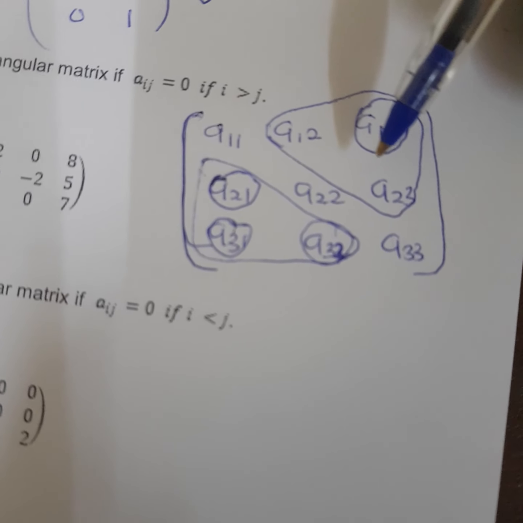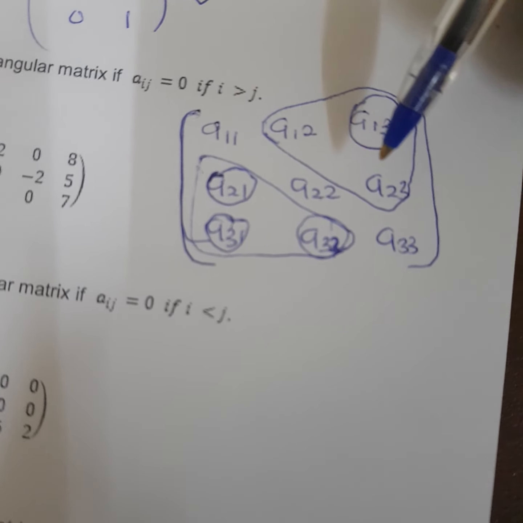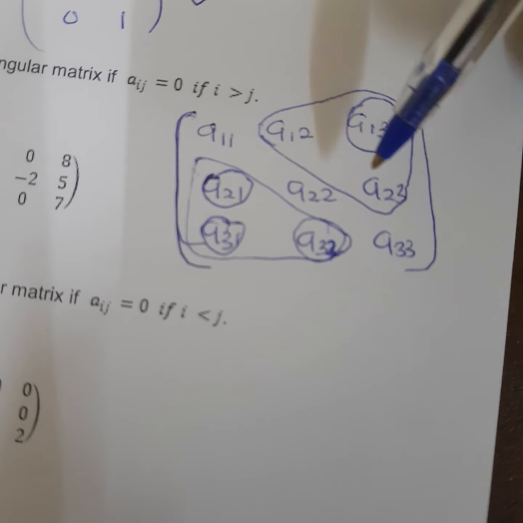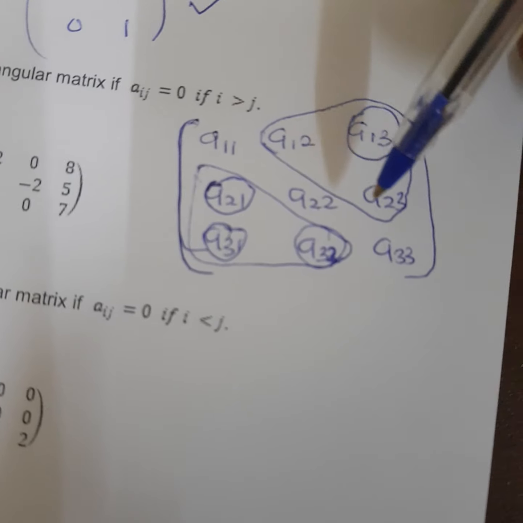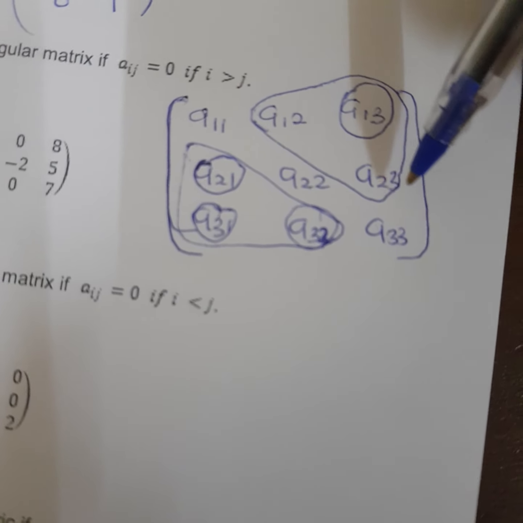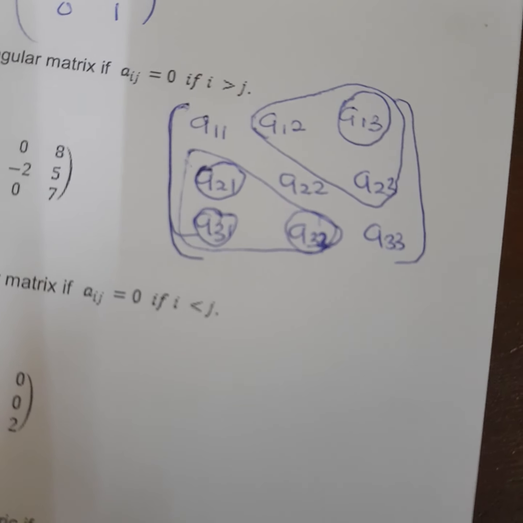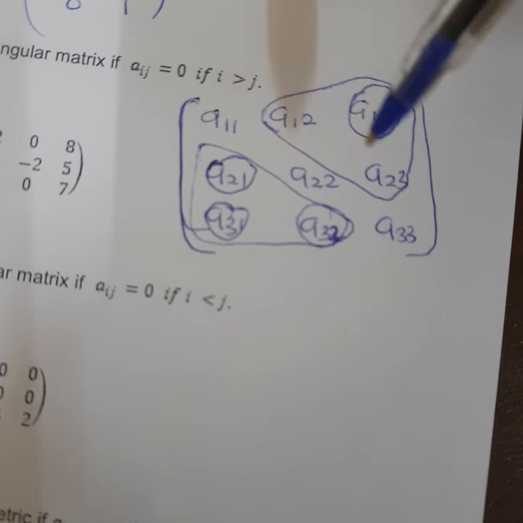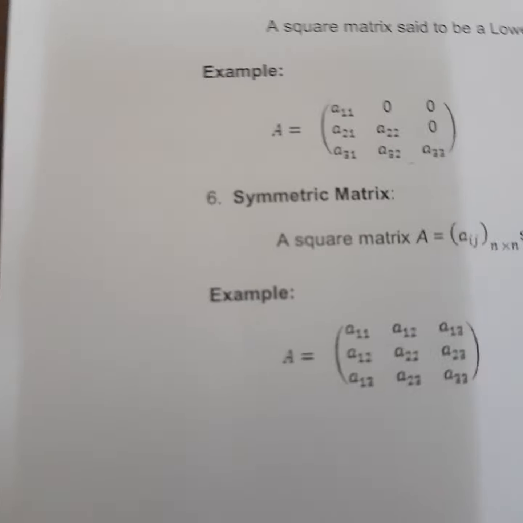If it is a 2 by 2 matrix, it will just be one element, but here it is a 3 by 3 matrix. So the elements, apart from the diagonal, at the upper part of the matrix are just the same as the lower part.